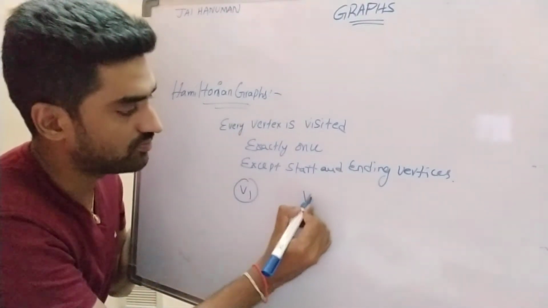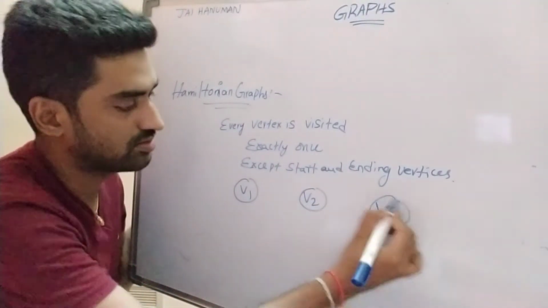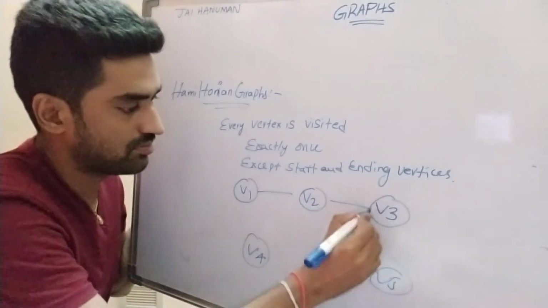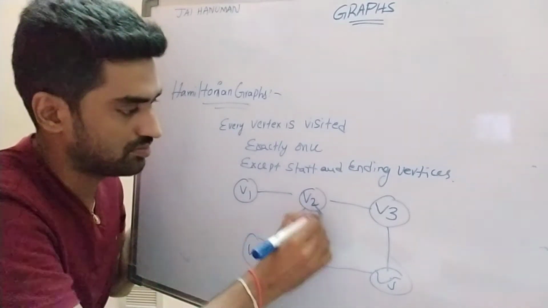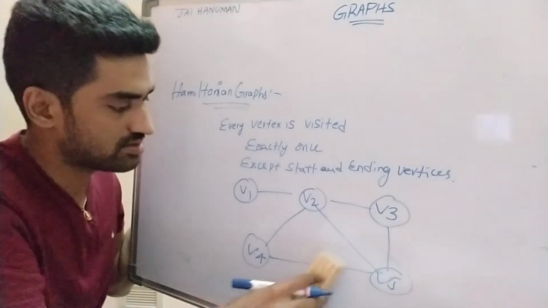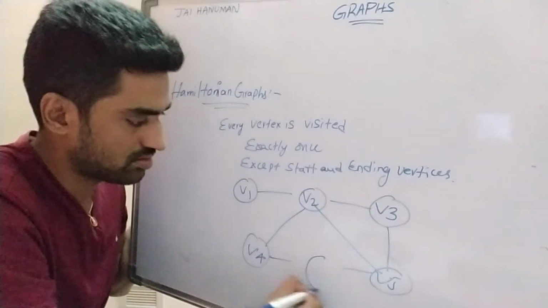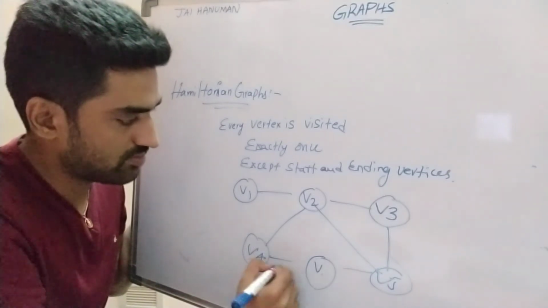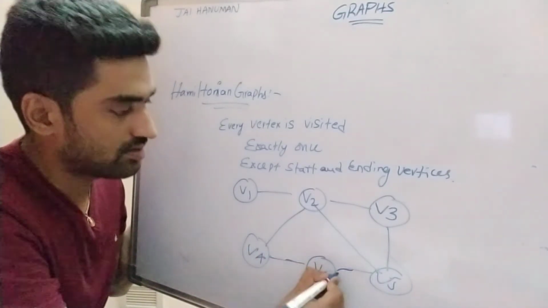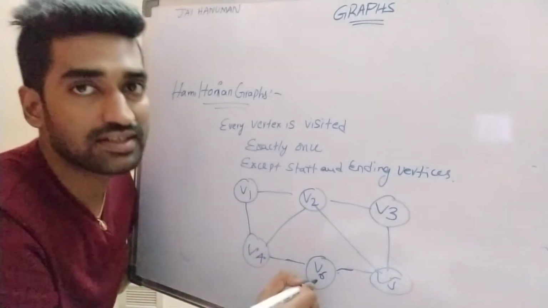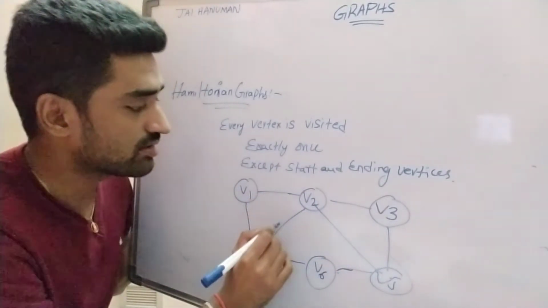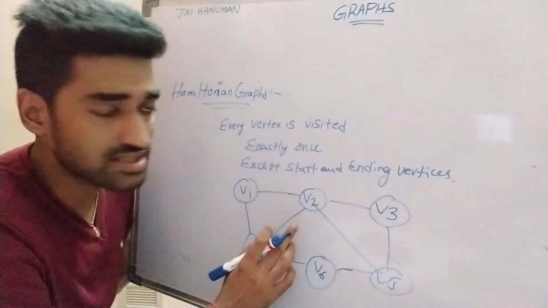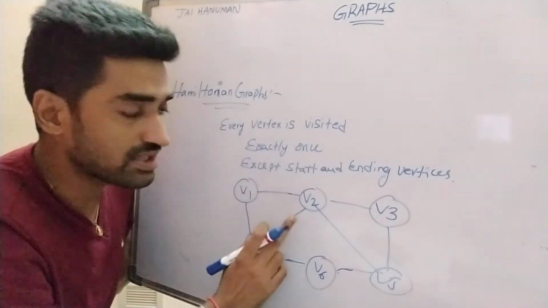V1, V2, V3, V4, V5, V6. This graph is called a Hamiltonian graph. Why? What is the rule to check whether a graph is Hamiltonian or not? Except starting and ending vertices, we can visit every vertex exactly once.